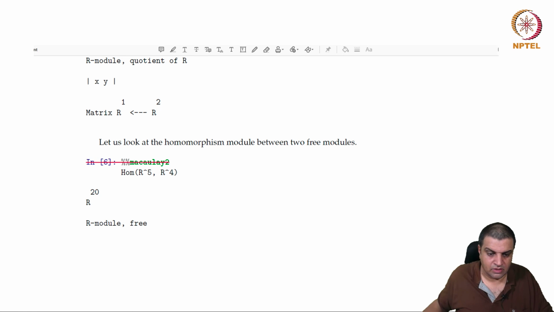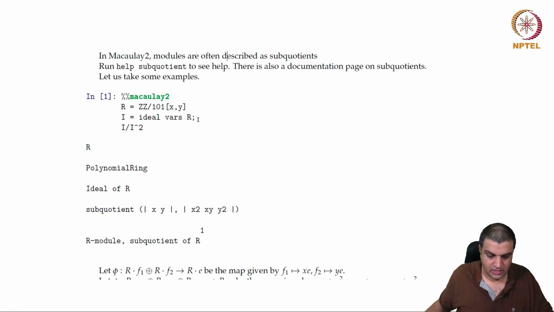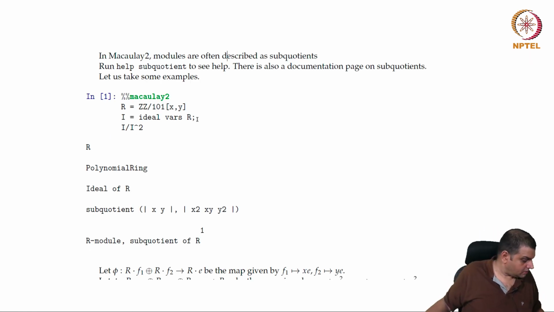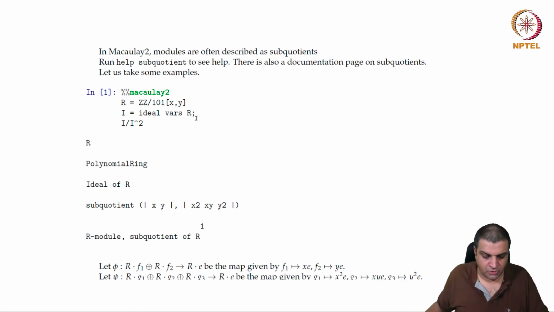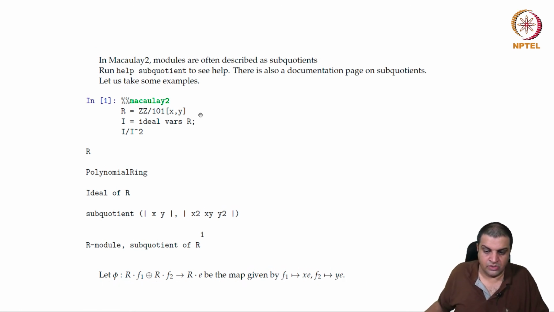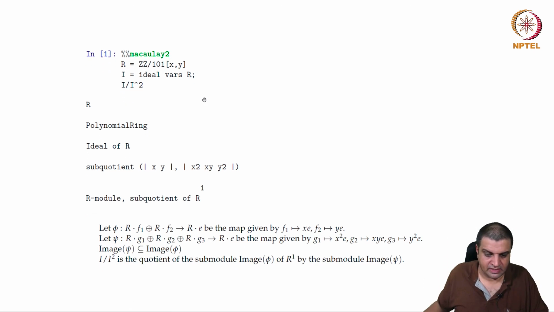Let's look at one more Macaulay case. So just one thing that I needed to explain while using Macaulay here is what is called a sub-quotient. There is a help page on sub-quotients, so please read that. Let's just quickly explain with an example.